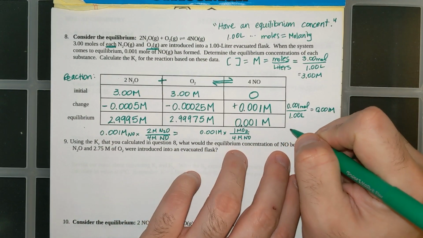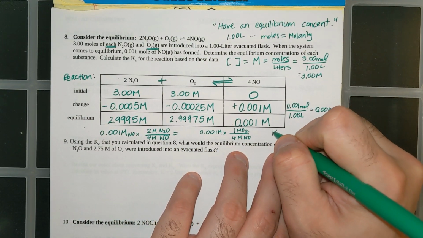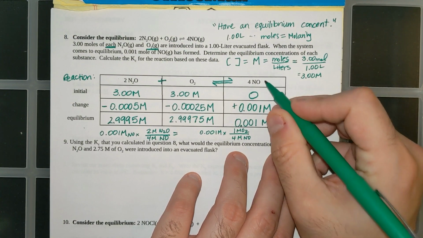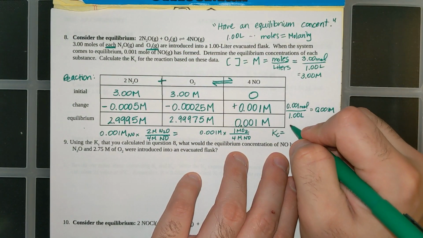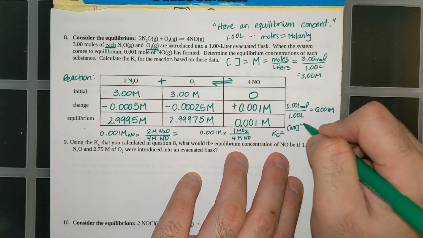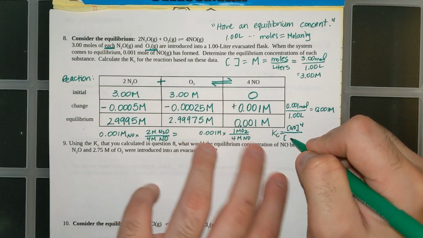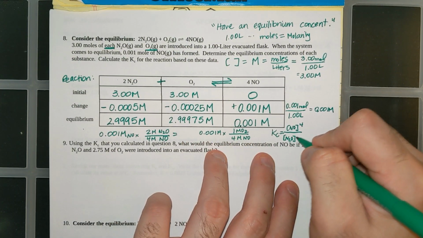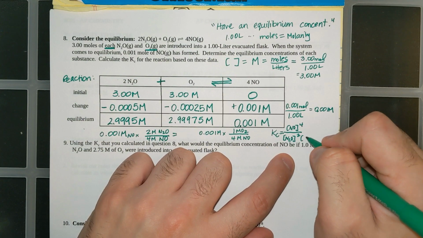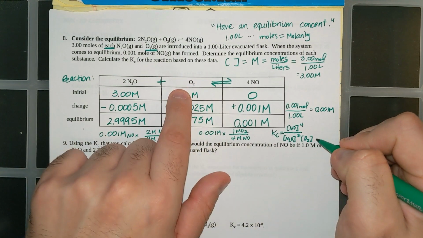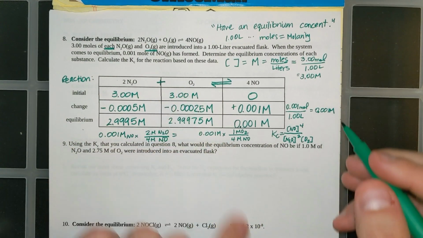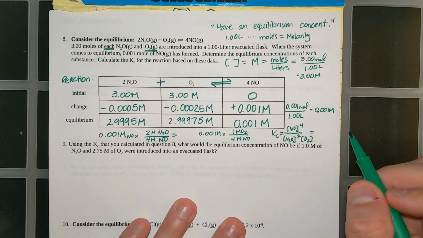And so now, if I want to calculate Kc, there's not that much space, but I plug in products over reactants: NO to the 4th over N2O squared times O2 raised to the 1st. I use the stoichiometric coefficients for this. And now I just plug and chug the numbers.